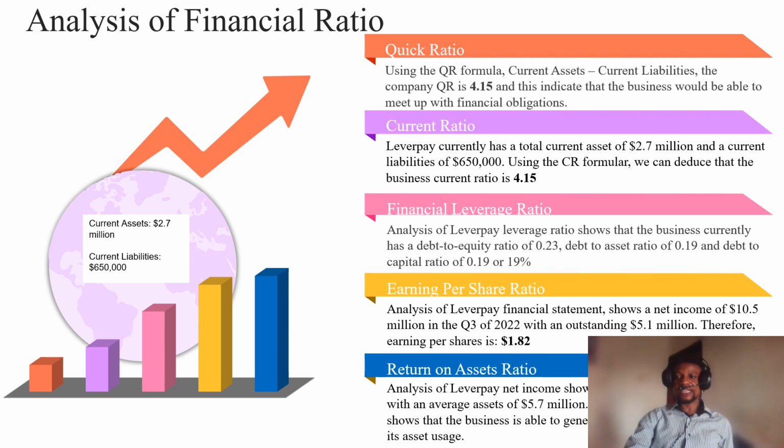Based on the analysis, we can conclude that Liverpool has a financial leverage that can help the business to mitigate against risk, as the business is currently under-leveraged, or we can say that the business assets are currently underutilized.